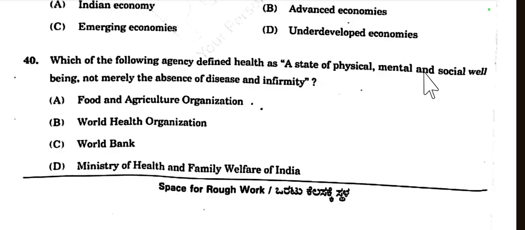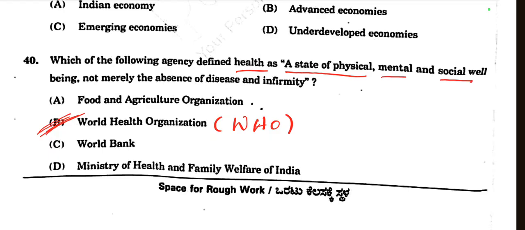This definition was given by WHO, the World Health Organization: health is a state of physical as well as mental as well as social well-being, not merely the absence of disease and infirmity. So option B is the right choice.